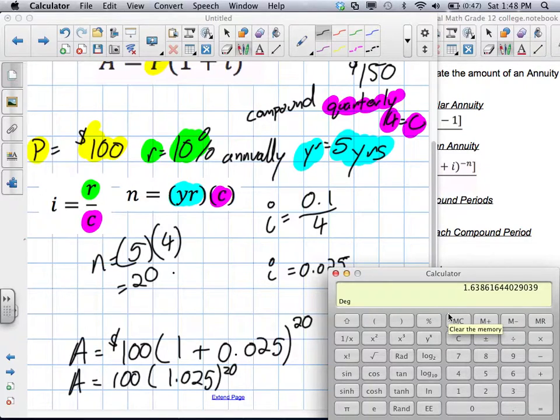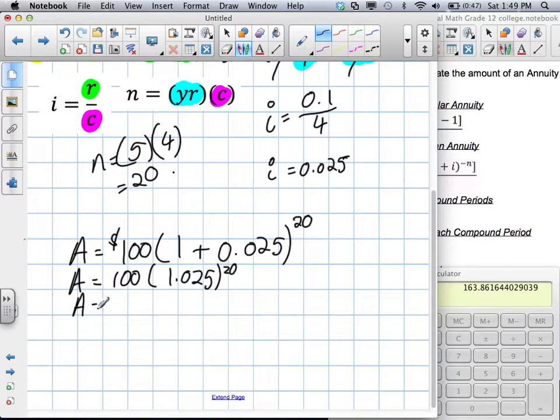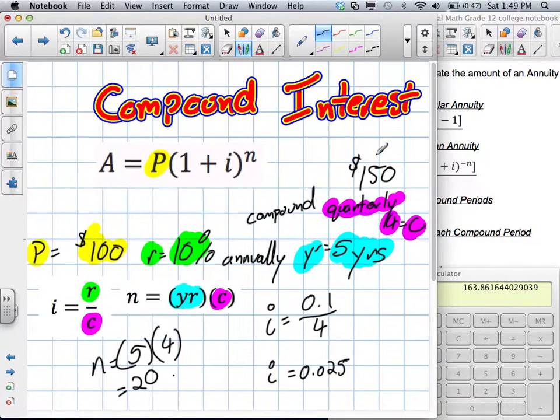Instead of writing this decimal in, I'm just going to go to the next step on my calculator and multiply it by my 100. So after 5 years, we earned $163.86, which is almost $14 more than our simple interest we had before.